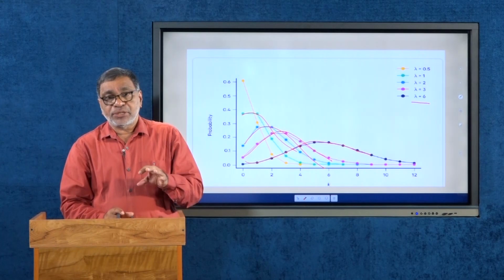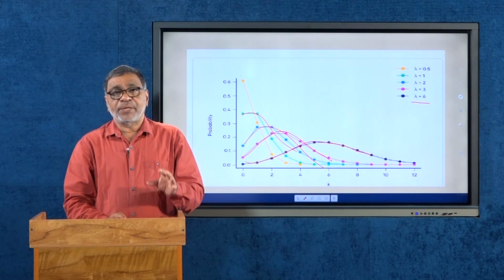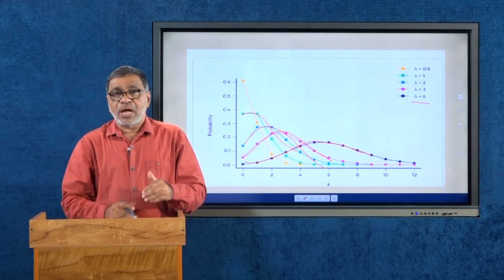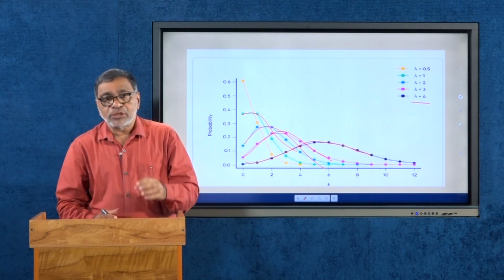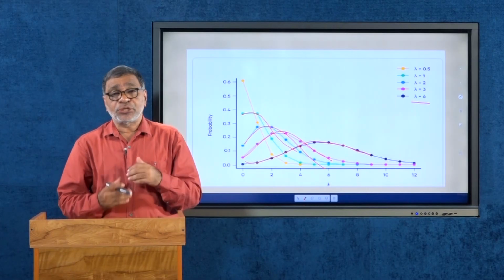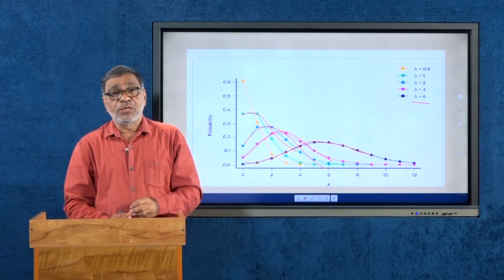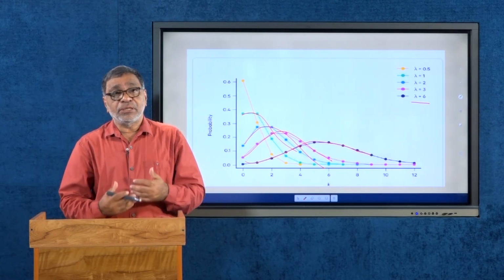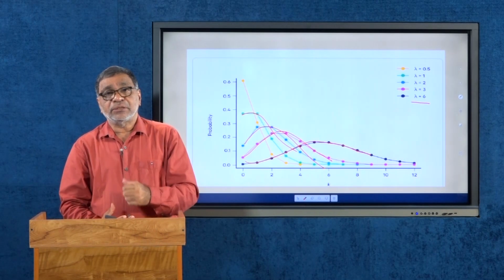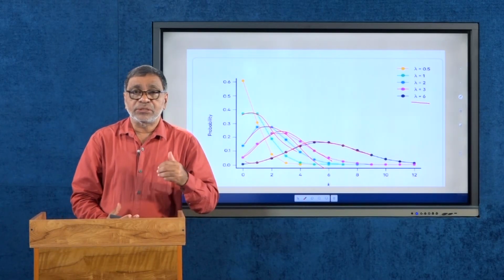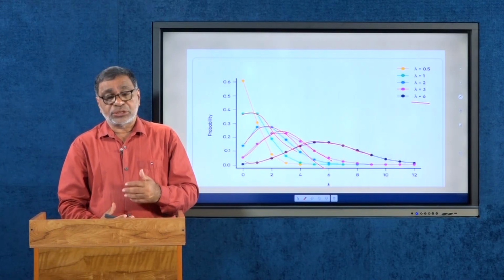Once again, note that for the Poisson distribution the parameter lambda is greater than 0, and the measures of skewness and kurtosis depend upon the value of lambda alone. Gamma 1 is always positive, so it is positively skewed, and gamma 2 is also positive, so it is a leptokurtic distribution. But when lambda becomes large, there is a tendency to exhibit symmetrical character in skewness, and mesokurtic character in kurtosis.